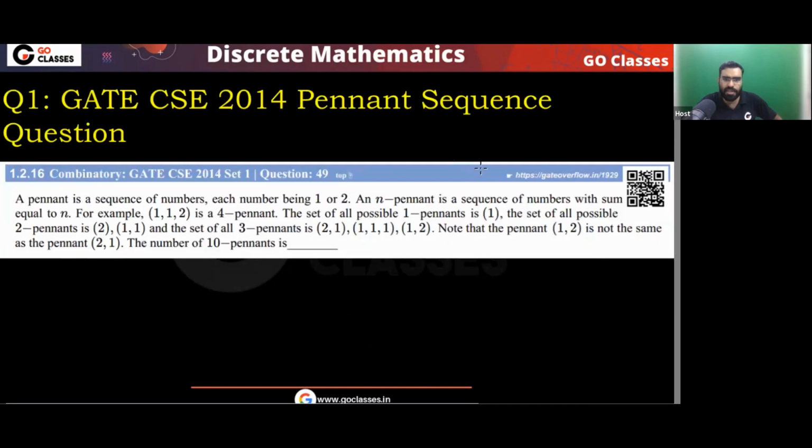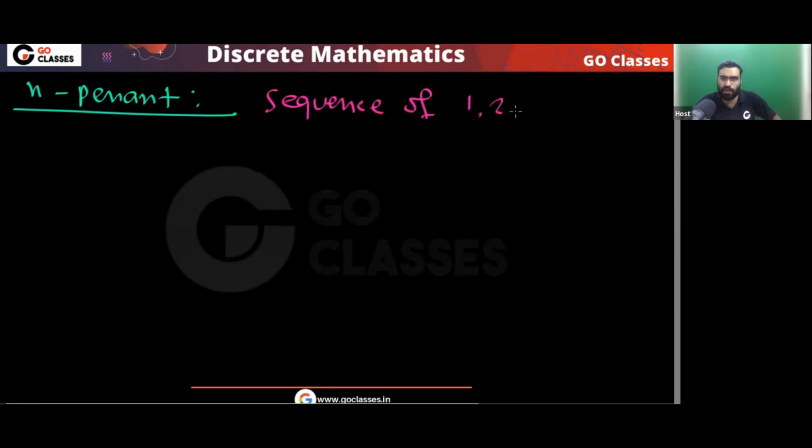Can you create a recurrence relation for n-pennant? See, very simple. We know what is n-pennant. If I want to create n-pennant, then this is nothing but a sequence of 1 comma 2 with summation equal to n. The summation should be equal to n.